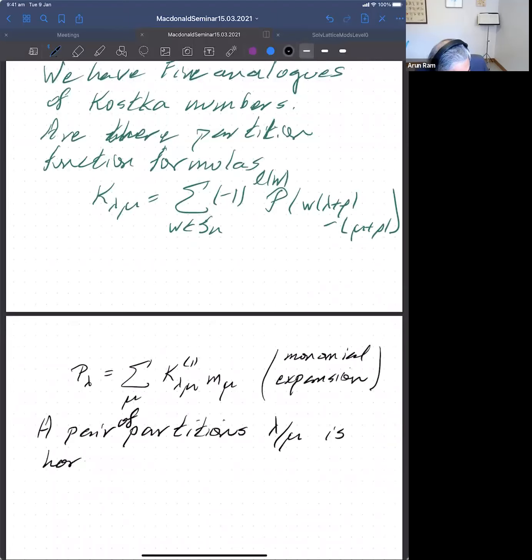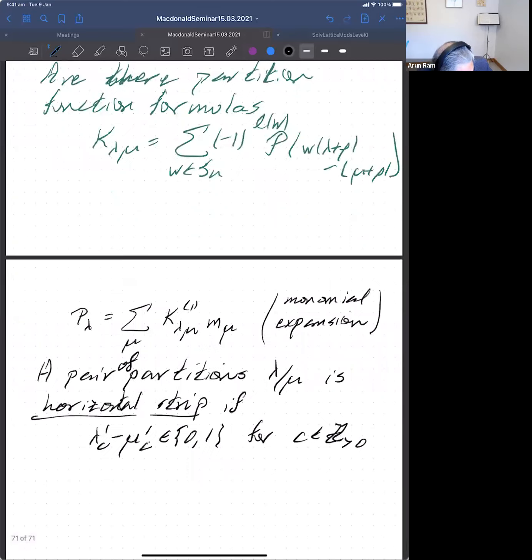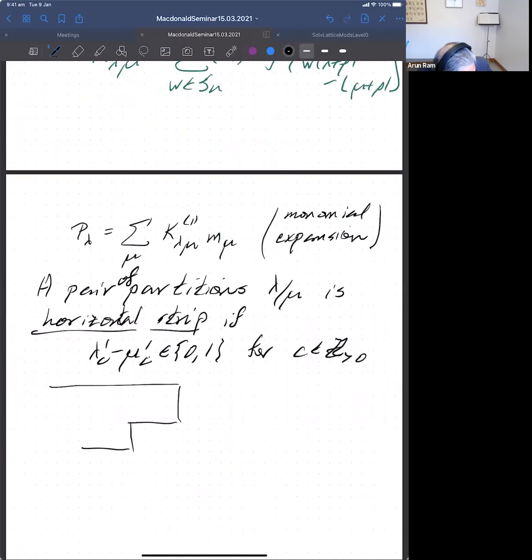This is called a horizontal strip if lambda c dash, that's the length of column C in lambda, minus mu c dash, the length of column C in mu, is either 0 or 1 for all columns. Okay, so that's a horizontal strip. In our mind, it looks like some collection of boxes like this. The inner partition is mu, and the outer partition is lambda, and this shaded part is lambda slash mu. So that's what a horizontal strip is.